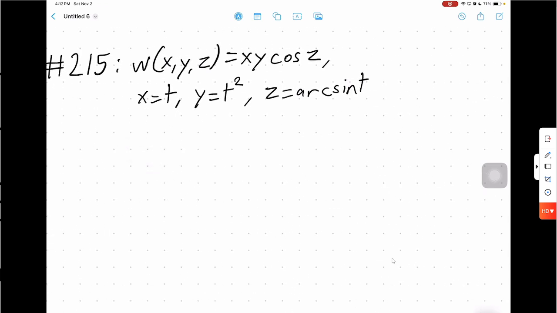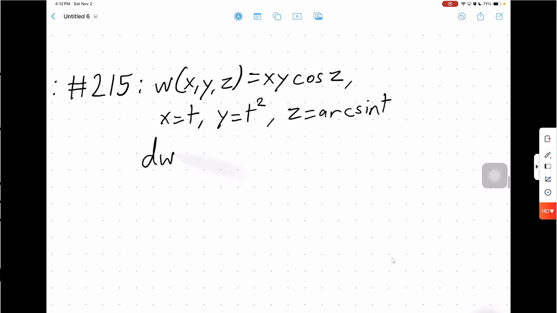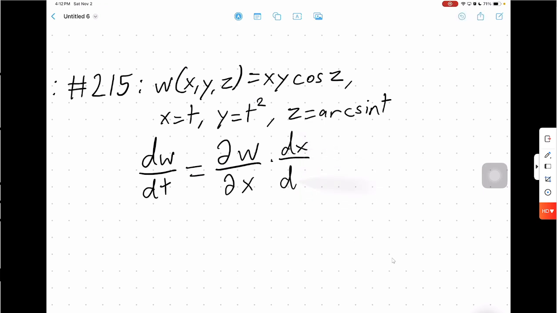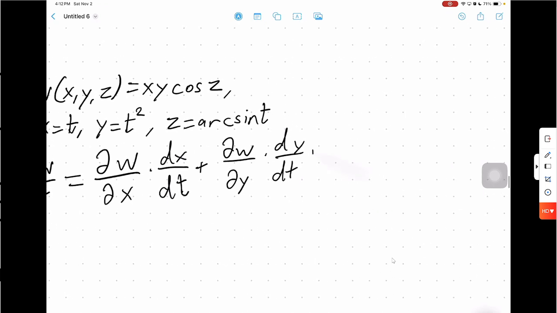So, if we all remember the chain rule, hopefully, we will know that dw/dt is equal to partial w/partial x dx/dt plus partial w with respect to y dy/dt plus partial w with respect to z dz/dt.